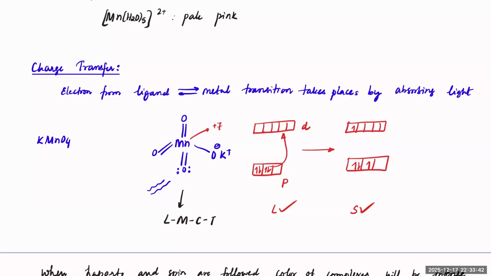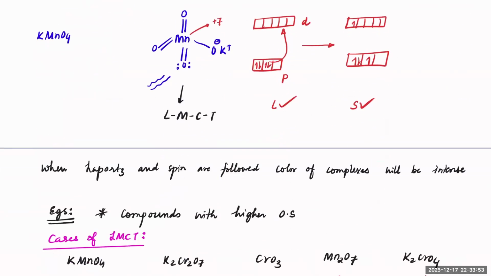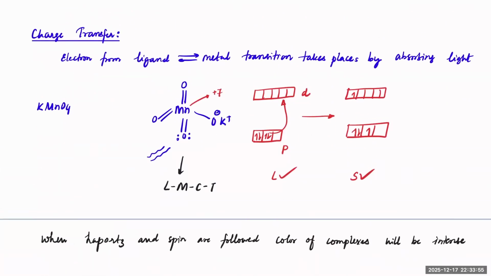And usually charge transfer always happens in such a way that it is following both Laporte's rule as well as the spin selection rule. When will you notice this charge transfer usually happens? When the central atom has a very high positive charge or high oxidation state. Then only the movement of electrons from ligands towards metal is observed.